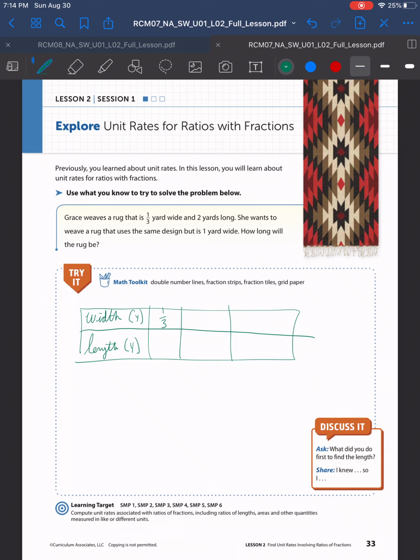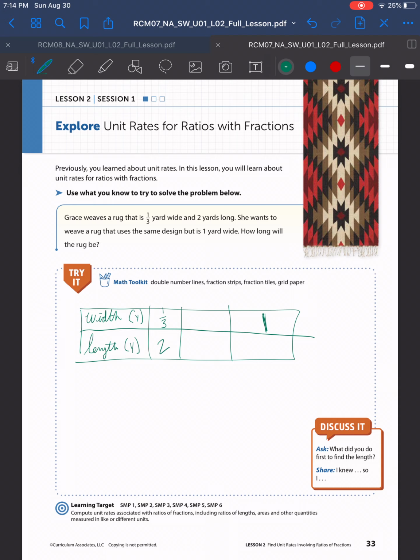That means that it was 2 yards long, right? And she wants to make it 1 whole yard wide. Ooh, 1 whole yard wide. So what would that make the length? So now we have to convert here for a second.